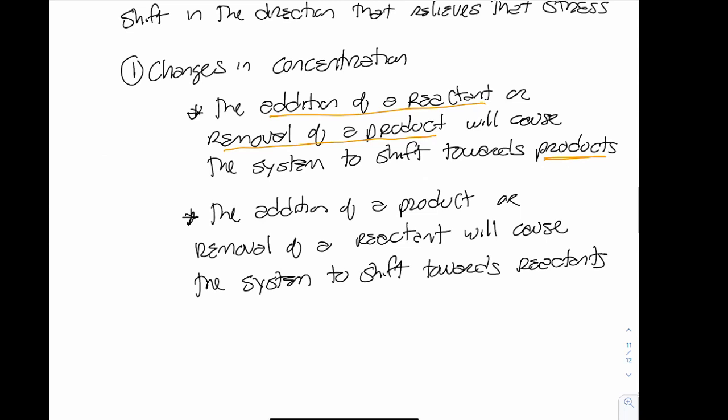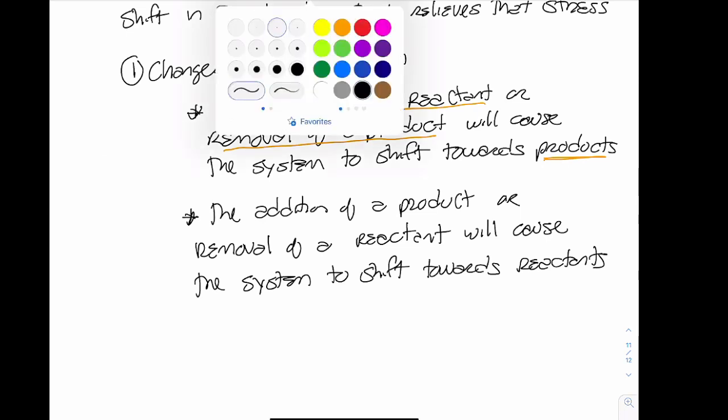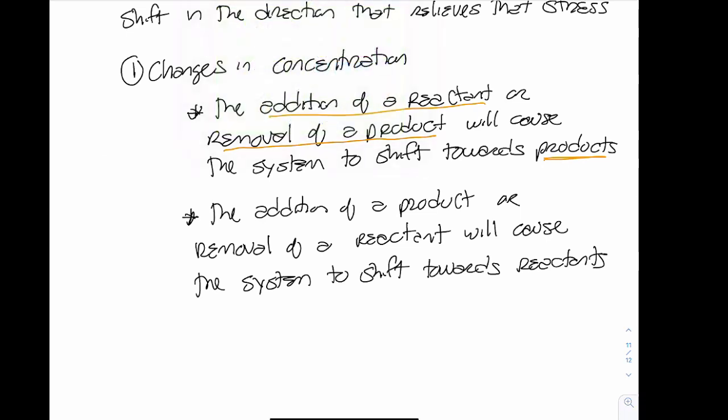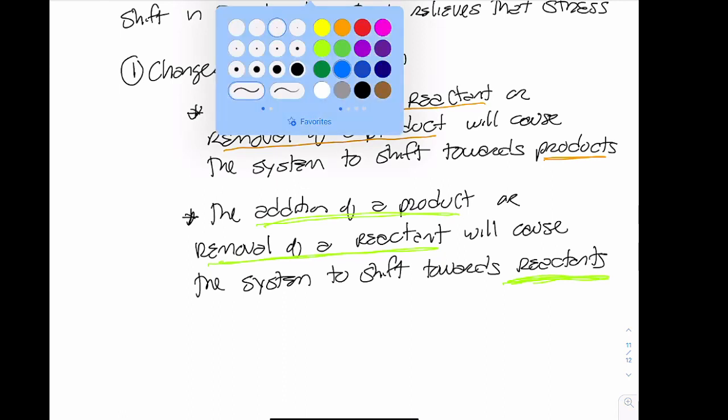So again, we need to relieve that stress, essentially undo what we just did. If I add a product, I have too much of them, so we're going to shift towards reactants, to decrease products. If I remove a reactant, I don't have enough of it, so we're going to shift towards reactants to make more of it. We need to relieve that stress.